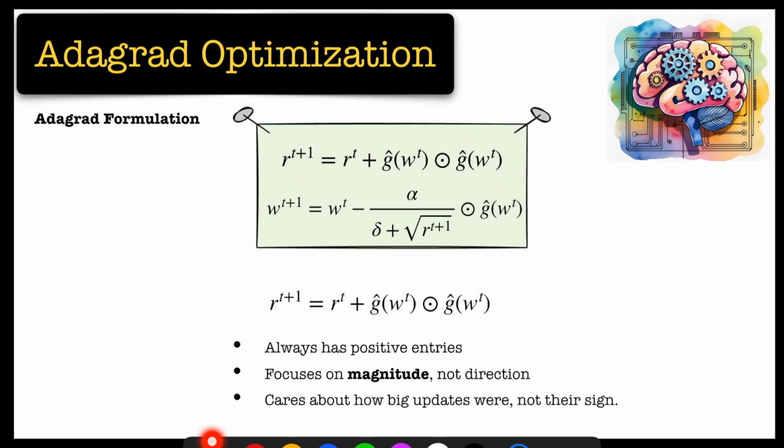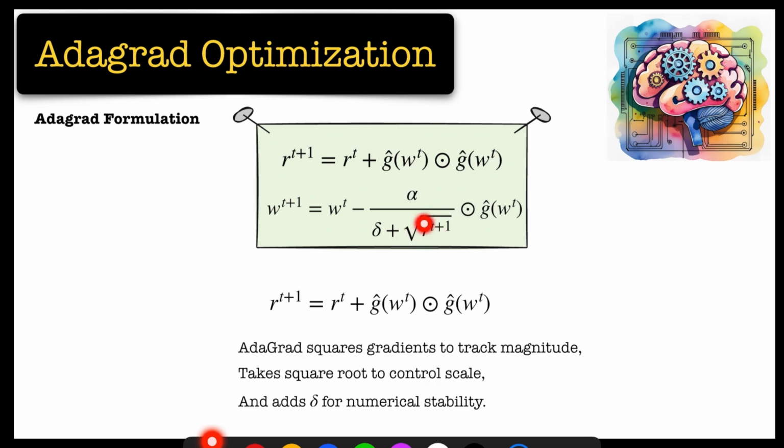We are ignoring the direction. It cares about how big the updates were, not their sign, whether positive or negative. And then we take the square root. So AdaGrad squares gradients to track magnitude and takes the square root to control the scale. And it adds this delta, as we already said, for numerical stability to avoid the divide by zero error.